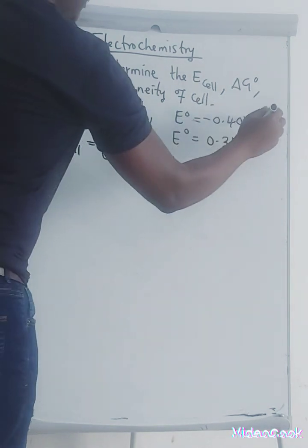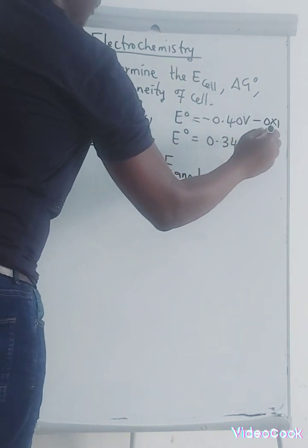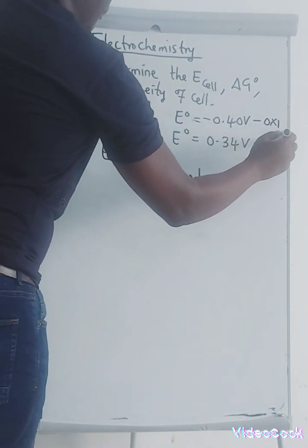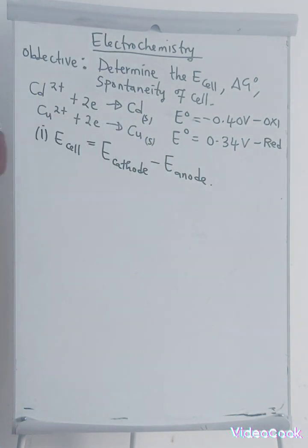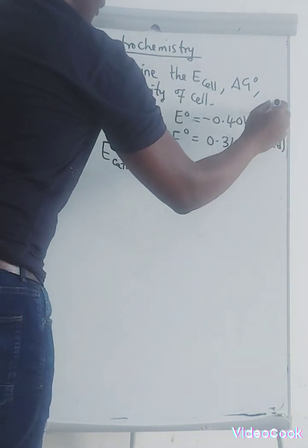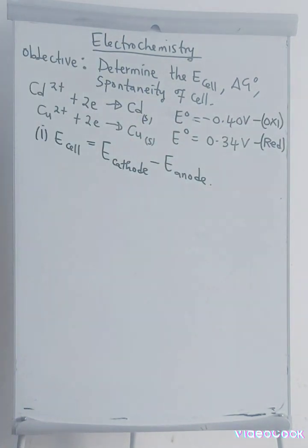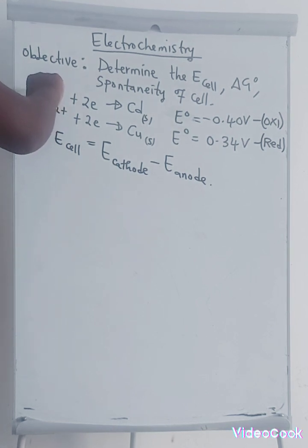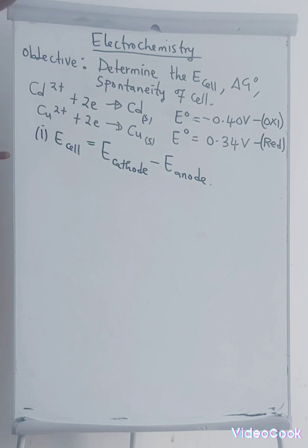So the smaller number is the one which is oxidized. Copper is reduced, and Cd is oxidized. In the electron diagram, the electrons will be moving from Cd to copper, so copper is reduced.